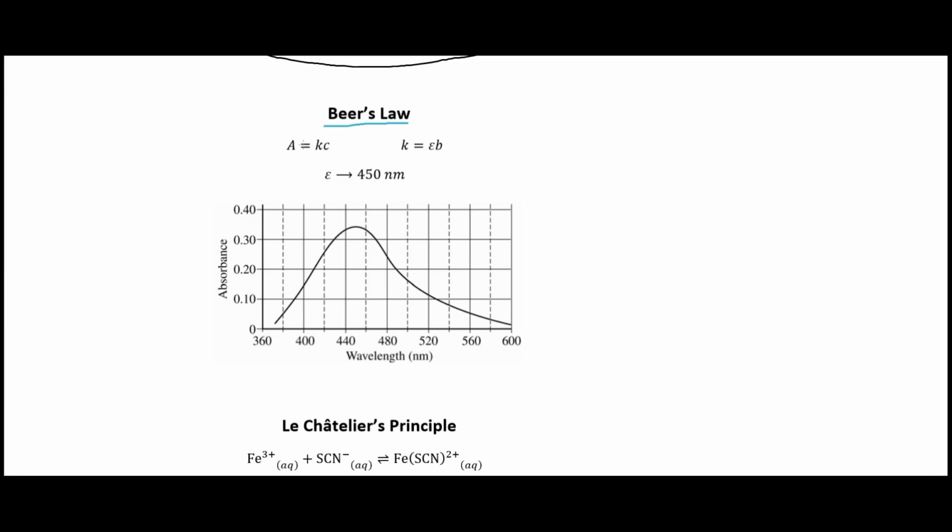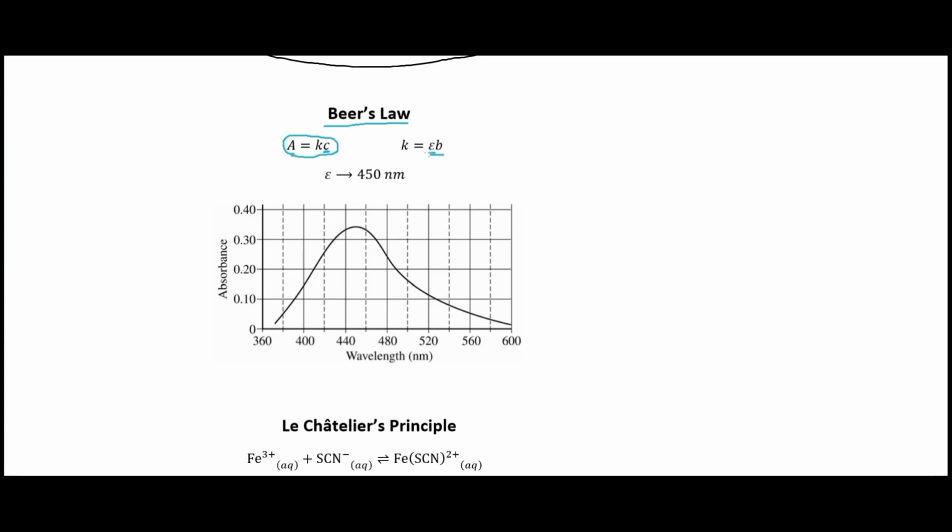And so Beer's law is this. So absorbance equals K, which is this sort of conversion factor here, times C, which is our concentration. If you look online, instead of K, you'll probably find this epsilon B here. And so that's just what K equals, where epsilon is something called the extinction coefficient, and B is just the path length.